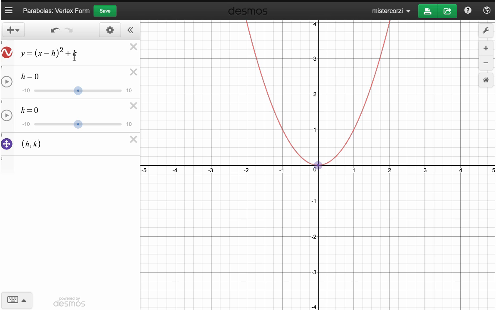Now what effect does adding a number at the end have? Well, at present k is 0. Let's add 1. So all the points on the graph have moved up 1. We're adding 2, we're adding 3. So the effect of adding a number at the end just moves the whole graph up by, in this case, k units, whatever k is.